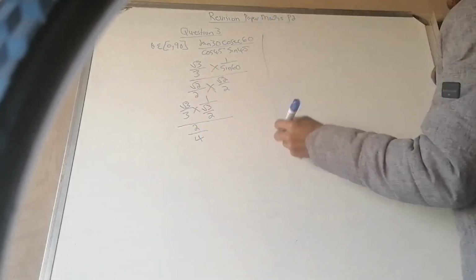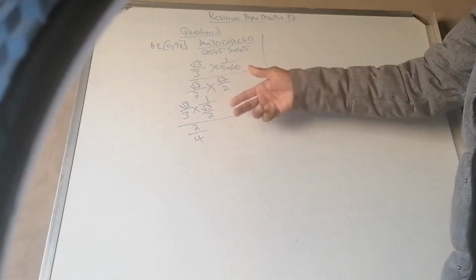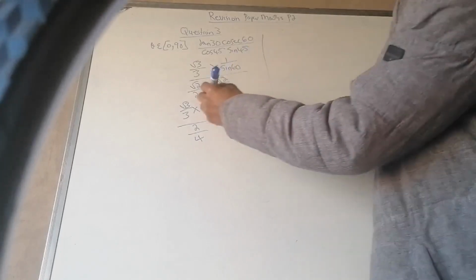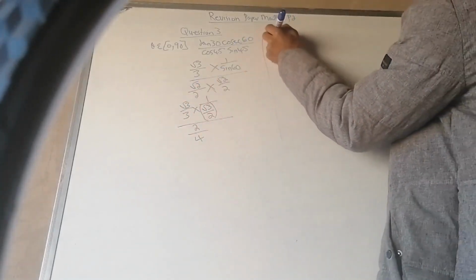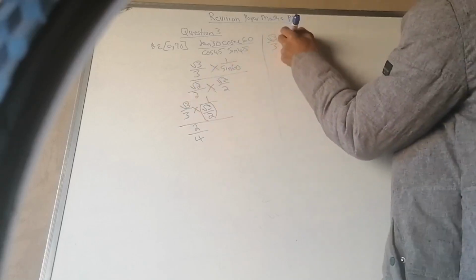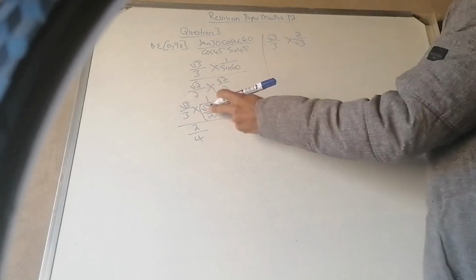Now I can take the reciprocal, because it is another 1 over this. To change division to multiplication, root 3 over 3 times the reciprocal, 2 over root 3.